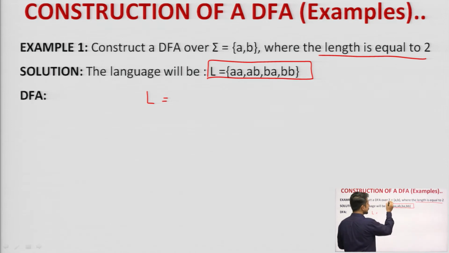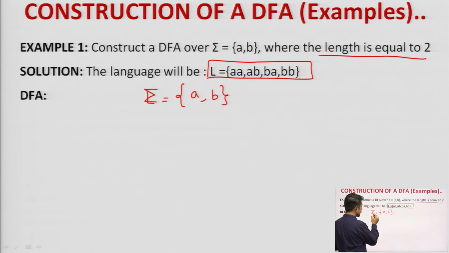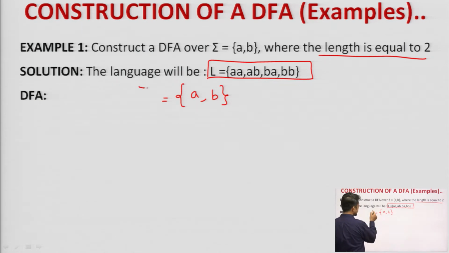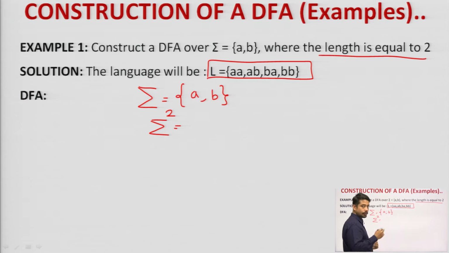The input alphabets are given as A and B. How do we find out the length equal to 2? First, this is nothing but your sigma, the input alphabets, correct. Now, I need to find out the length equal to 2, that means the power of this alphabet. How to calculate?